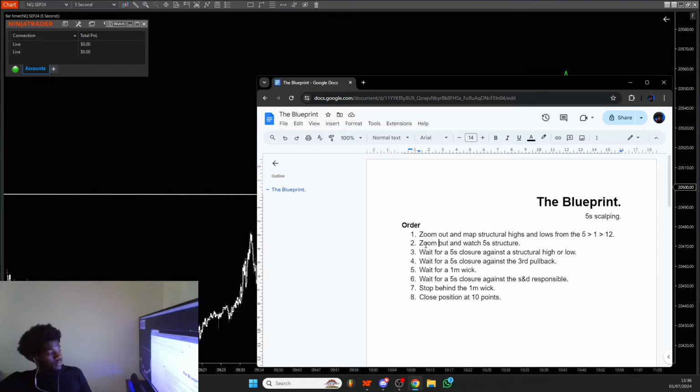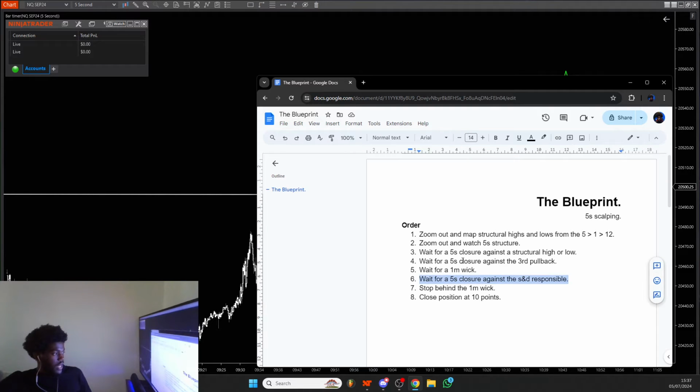Once I understand where I am, I go straight to the 5 second and just observe structure. In order for me to go in, you see from 3, 4, 5, and 6. So steps 3 to 6 are all conditions that need to be met in order for me to engage. This is the closure against the S&D responsible, let's call it the confirmation that I need to see in order to actually execute, to actually get into a position. 3, 4, and 5 are prerequisites. 6 is the entry.